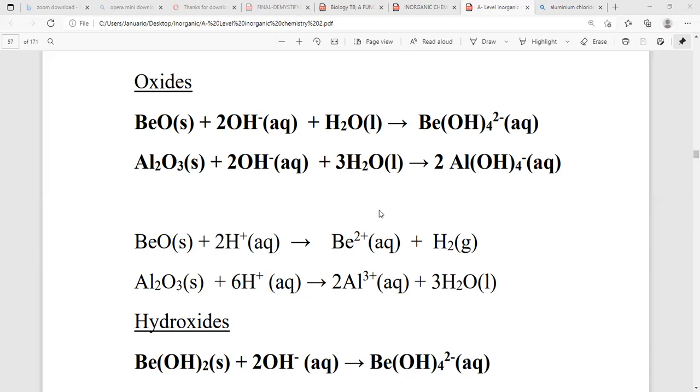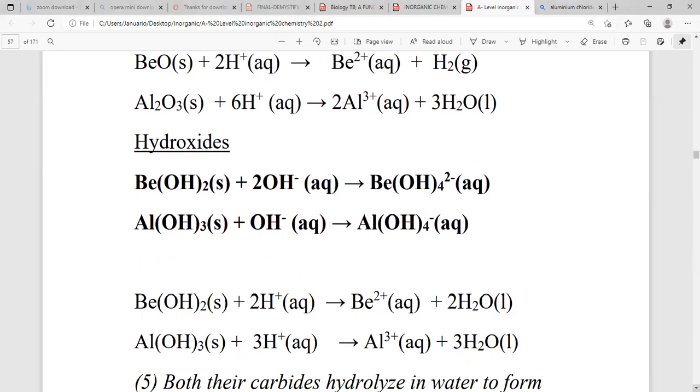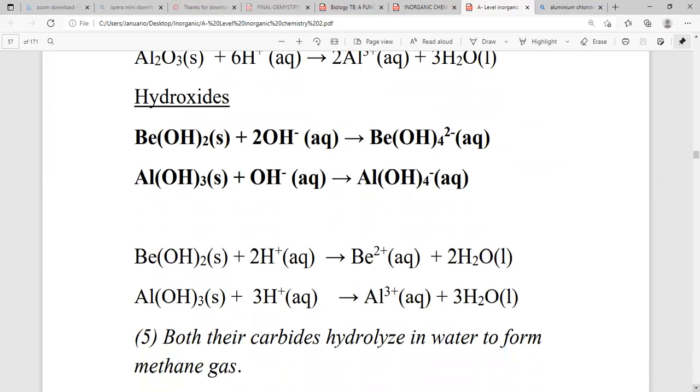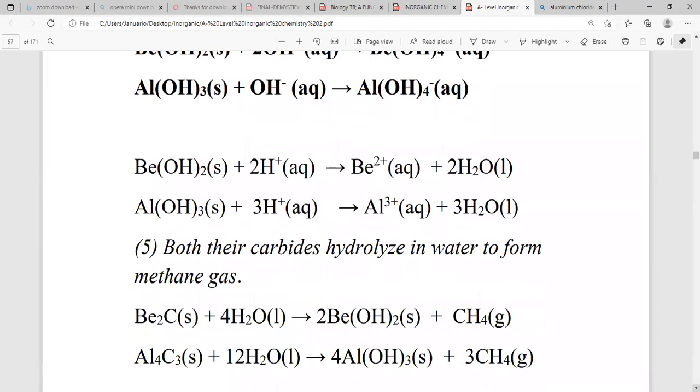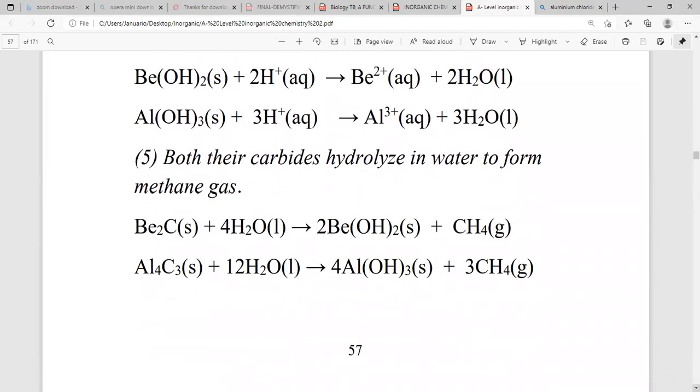So look at the hydroxides plus the hydroxyls. They also give us the beryllate ions and the aluminate ions with concentrated alkalis, and with acids, they give us the corresponding salts, and a water molecule is also released as a result. Their carbides also hydrolyze in water to form methane gas.